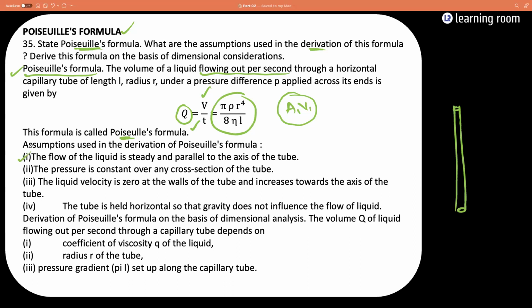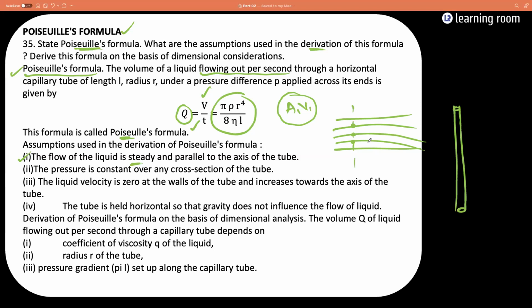The first thing is, the flow of liquid is considered to be steady and parallel to the axis of the tube. Somebody asked me what is a steady flow. See, listen. If the liquid is flowing in this way, and I take a particular cross-sectional area, if all the liquid particles on that cross-sectional area have the same velocity, the same speed, then that kind of motion is said to be streamlined motion.